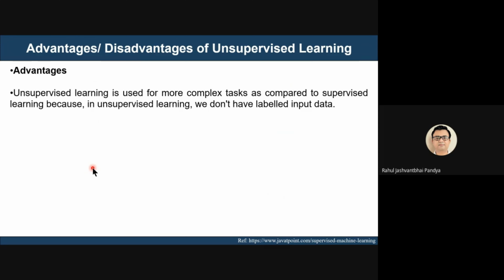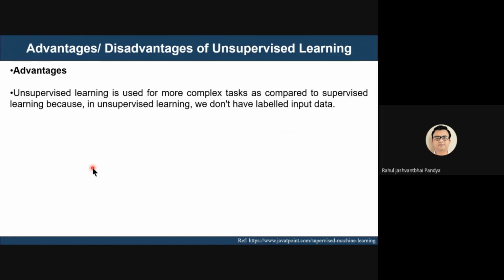Unsupervised machine learning is used for more complex tasks, which we couldn't do using supervised machine learning. For example, we do not have enough knowledge about the features of the data. Here the data set is unknown, and we want our model to learn by itself, identify the pattern and give me the output.